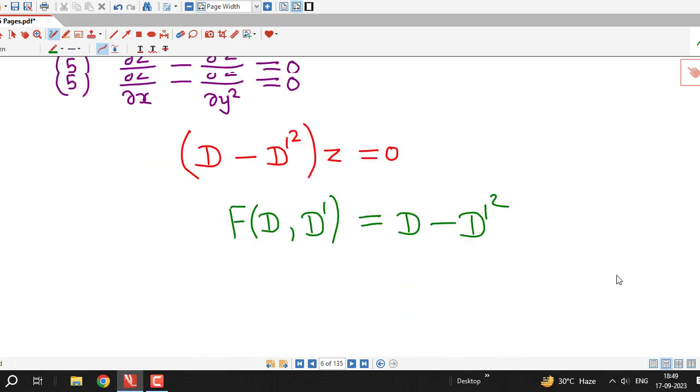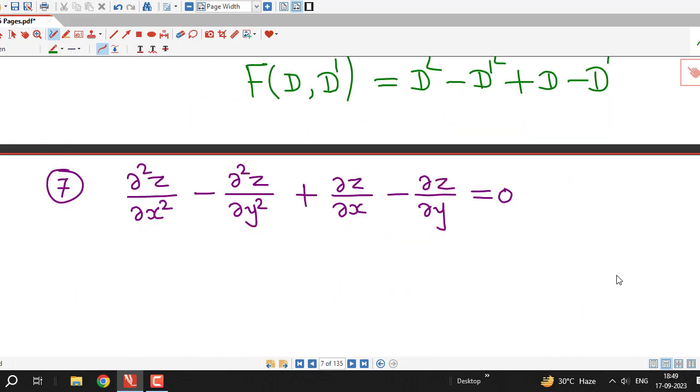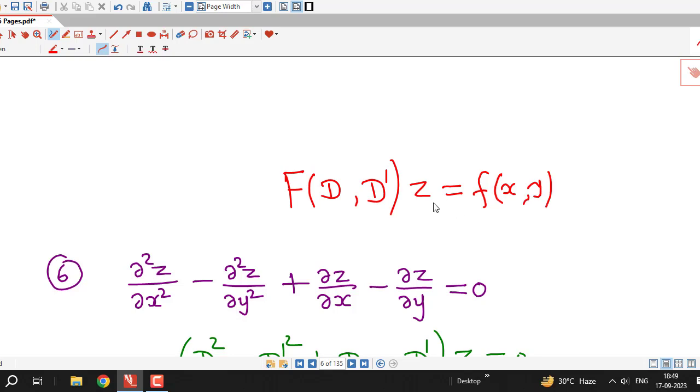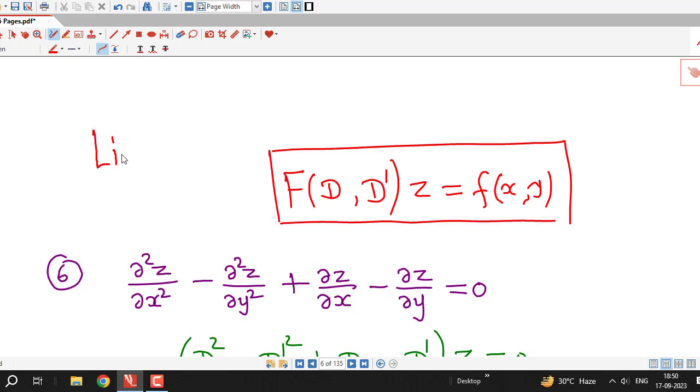Now try to observe all these equations. All these equations can be written in this form, that function of D, D dash, z equal to some function of x and y, because here z is a function of x and y, and we know that all these equations are linear partial differential equations with constant coefficients.